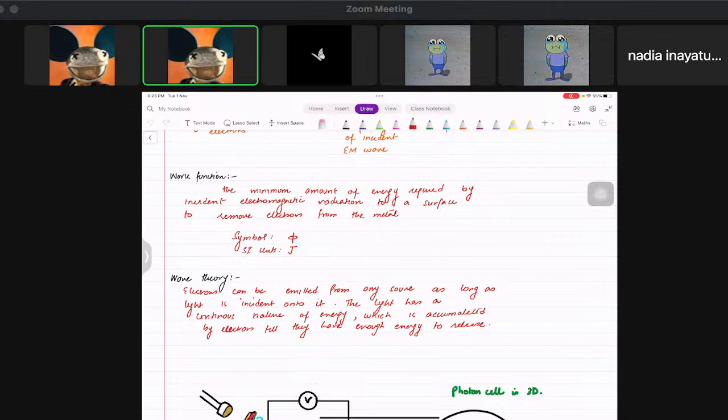But quantum theory says it cannot, because only when a photon has energy greater than the work function, the minimum energy required for the electrons to release, can electrons release. They cannot accumulate over time. Understood?